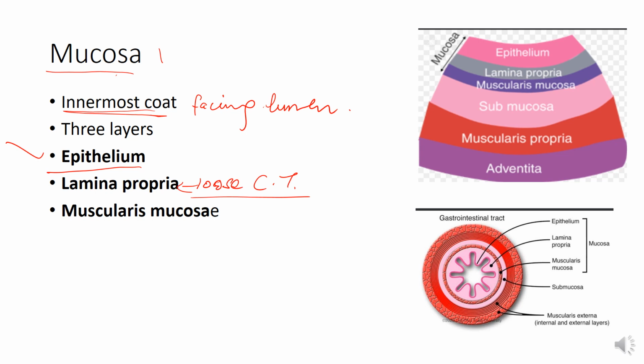Now, in the tubular structure of the GI tract, another layer is present in the mucosa, the third layer, which is the muscularis mucosae. It is present only in the lining of the tubular structure of the GI tract.